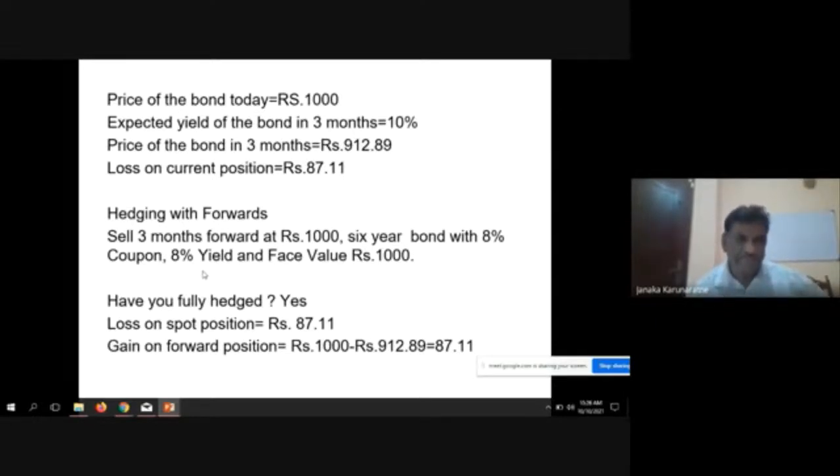So for me as an importer, what is the advantage? I don't know, the exchange rate may even go down to 198. I know I have to pay only 202 million now because of the forward price. So it makes my life comfortable.